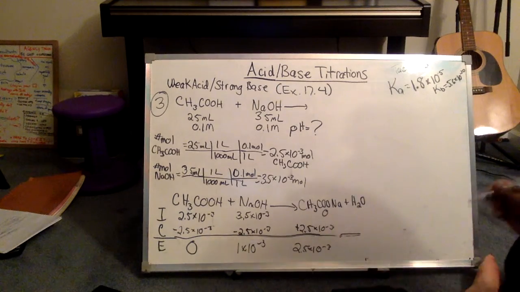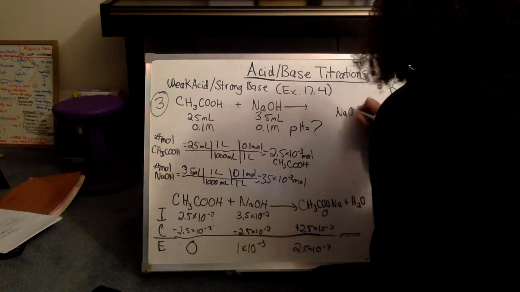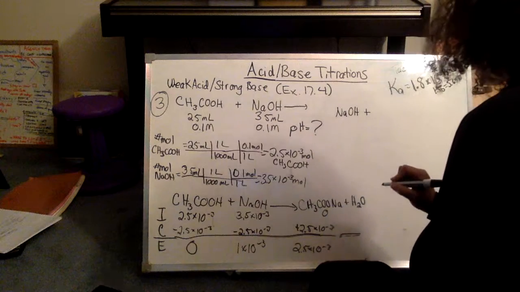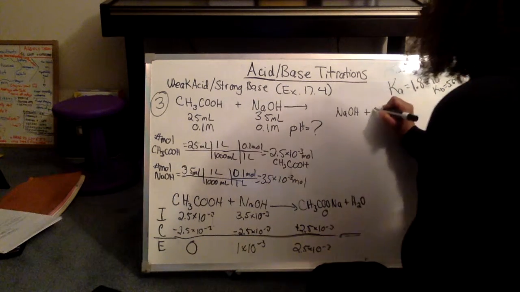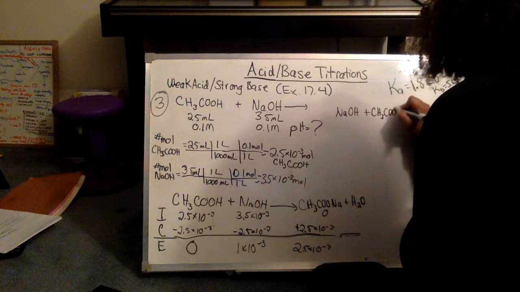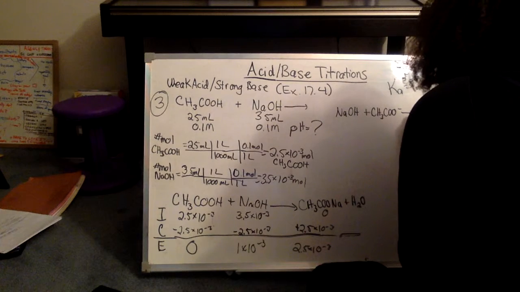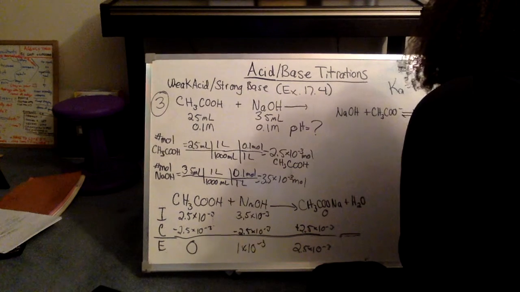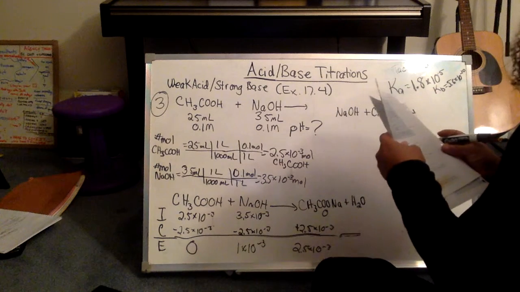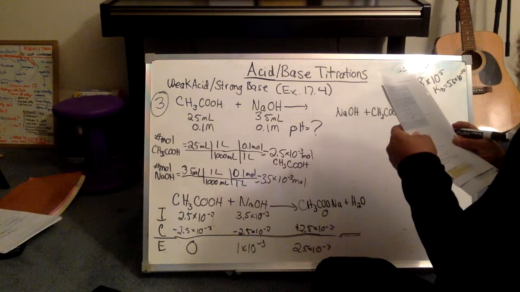Okay, now we have NaOH plus conjugate base, CH3COO minus, because this fully dissociates to form salt and water.